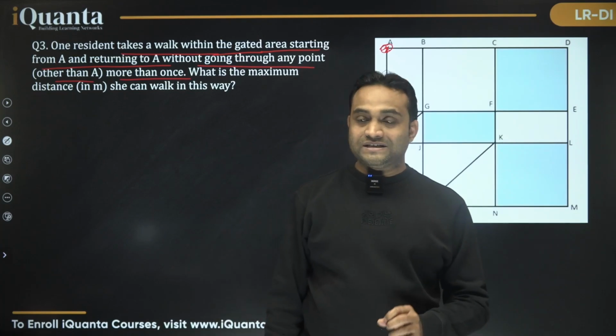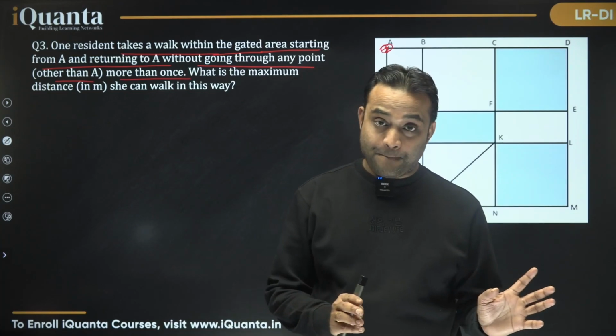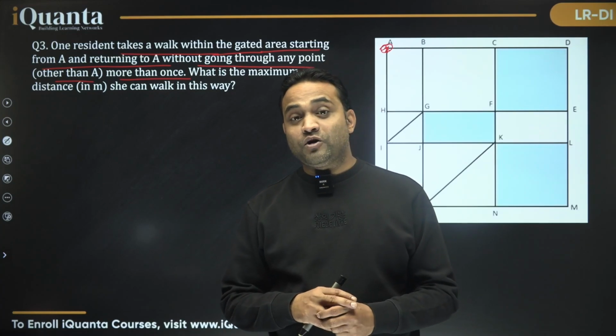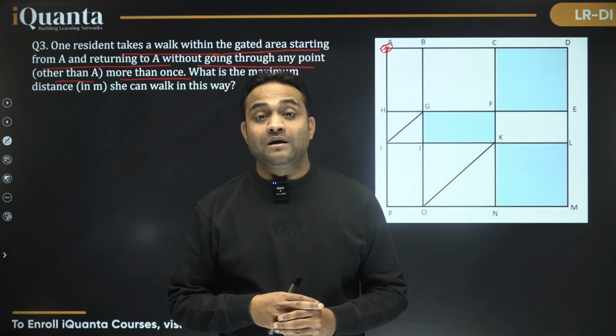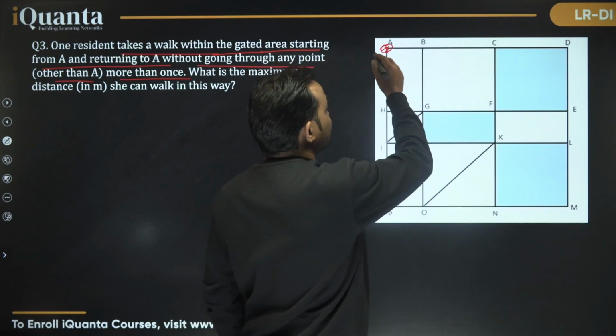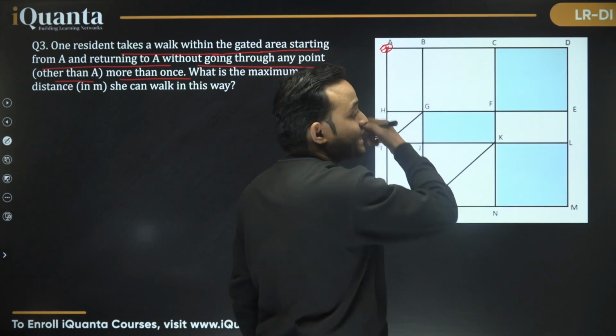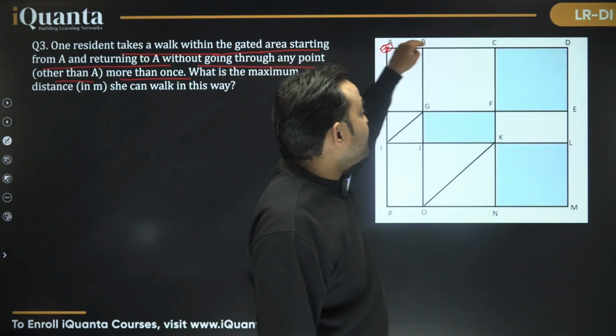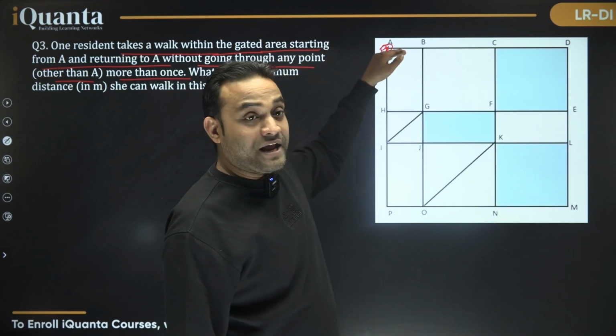So what we can say, that no point should be repeated, right? That means we cannot walk twice on some pathway. Like if you are going from A to B and B to A, so B is being repeated, right? Or A to C, and then coming from C to A, C is being repeated.